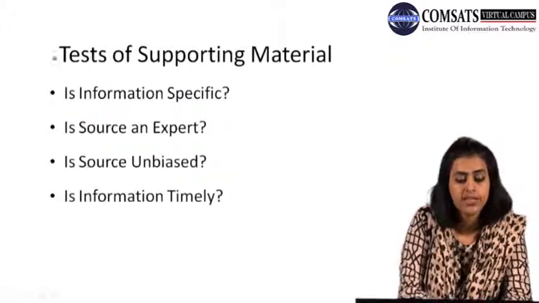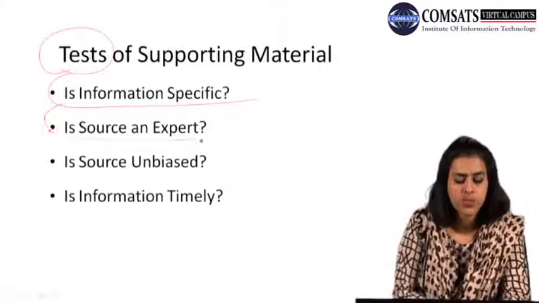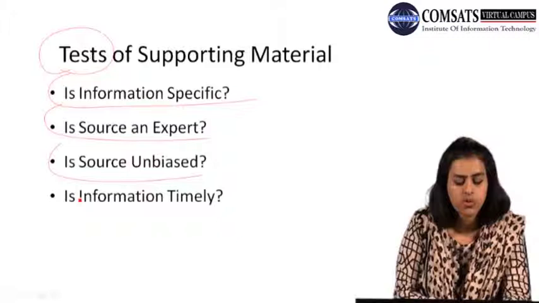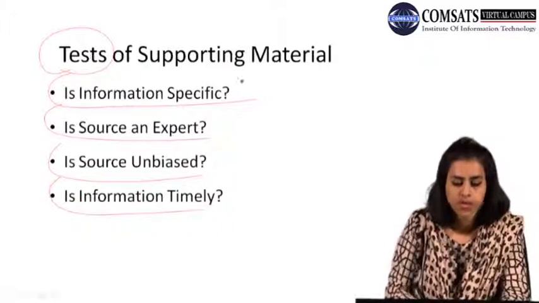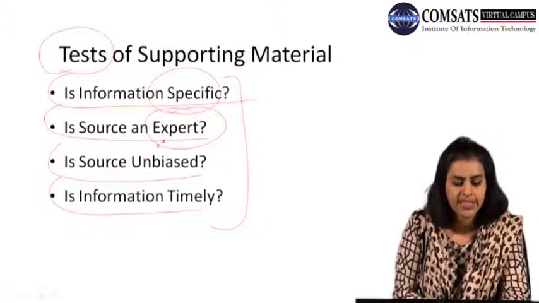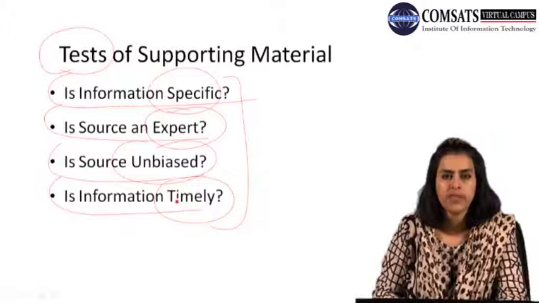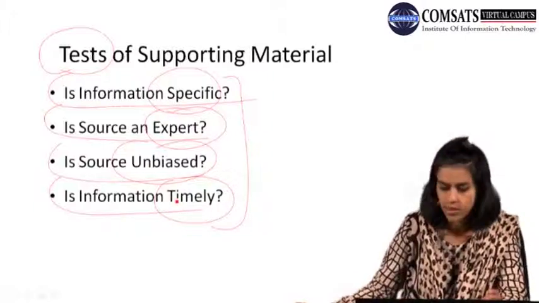For finding out, you conduct a test to find out: is the information specific, is the source an expert, is the source unbiased, or is the information timely. So you can check for specifications, expertise, biasness, and time limitations of the supporting material by conducting these kinds of tests on them.